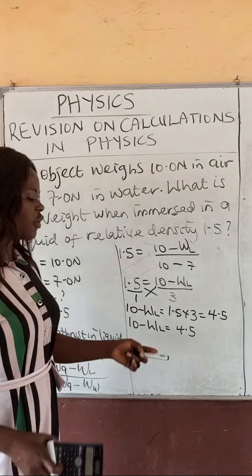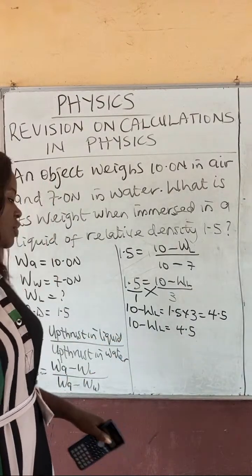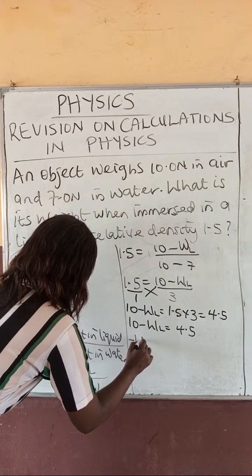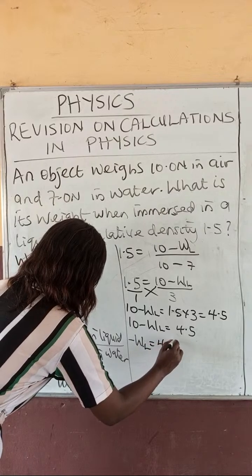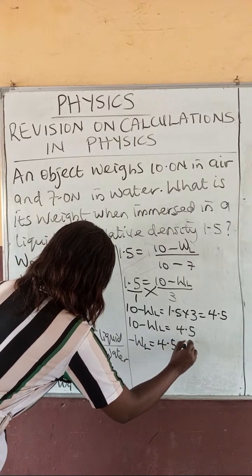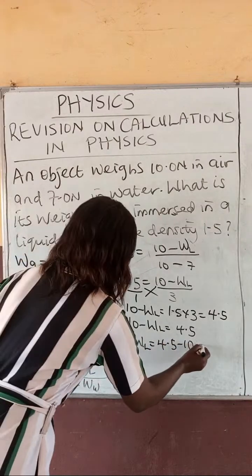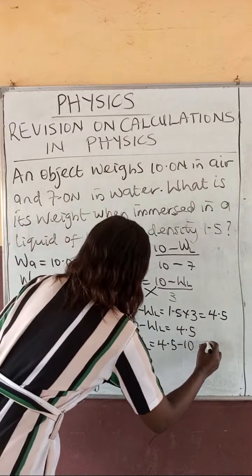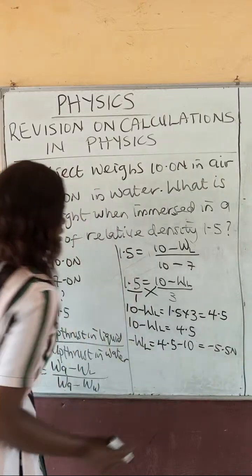Now, because I'm looking for the weight in liquid, I'm going to take this 10 to the other side. The sign will change to minus. So minus weight in liquid is equal to 4.5 minus 10. If I subtract, I'm going to have minus 5.5 Newton.